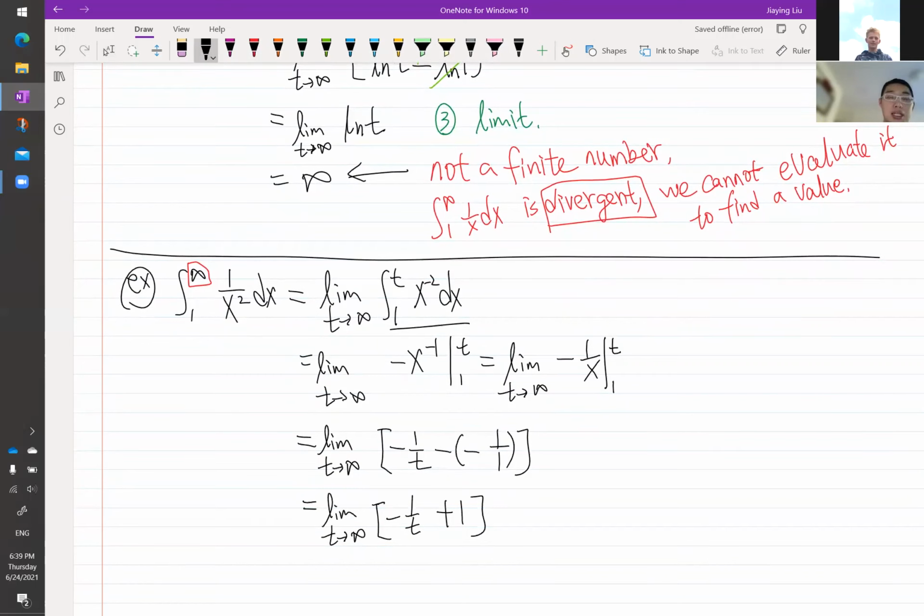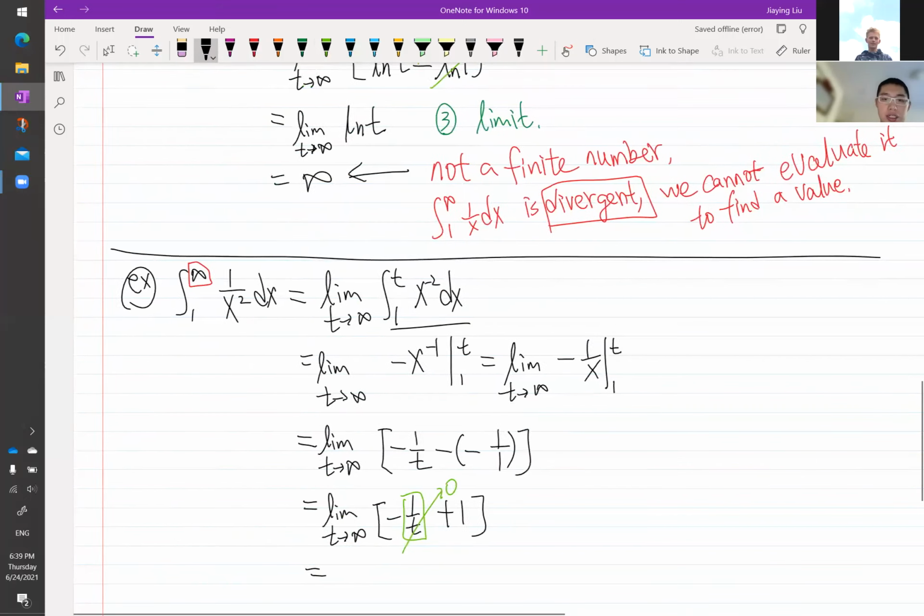Now we're going to take the limit of this. As t goes to infinity, the 1 over t term, 1 over infinity, goes to 0. It's not exactly 0, but if we take the limit, the denominator goes to infinity, so the quotient goes to 0. So we just end up with 1 as t goes to infinity.